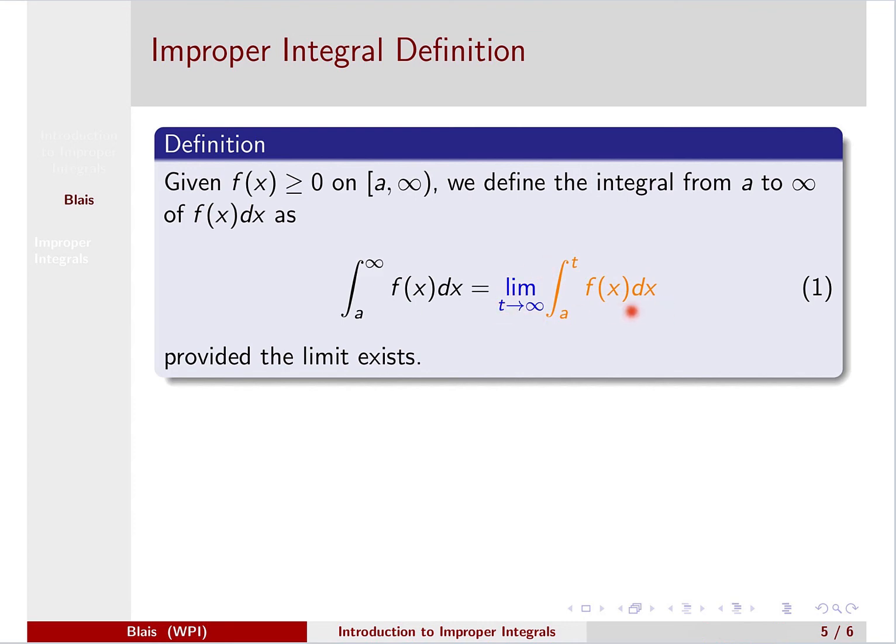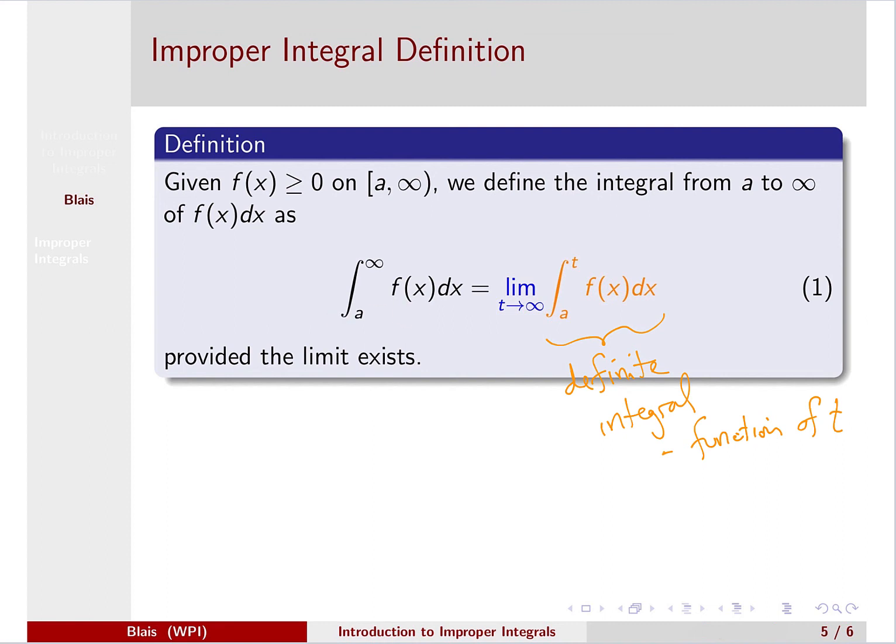So this first piece is a regular old definite integral, which we already know how to do. And then once we have that expression, it will be a function of t. We then let t go to infinity. And this approach will always work. This is how you approach the calculations of improper integrals.